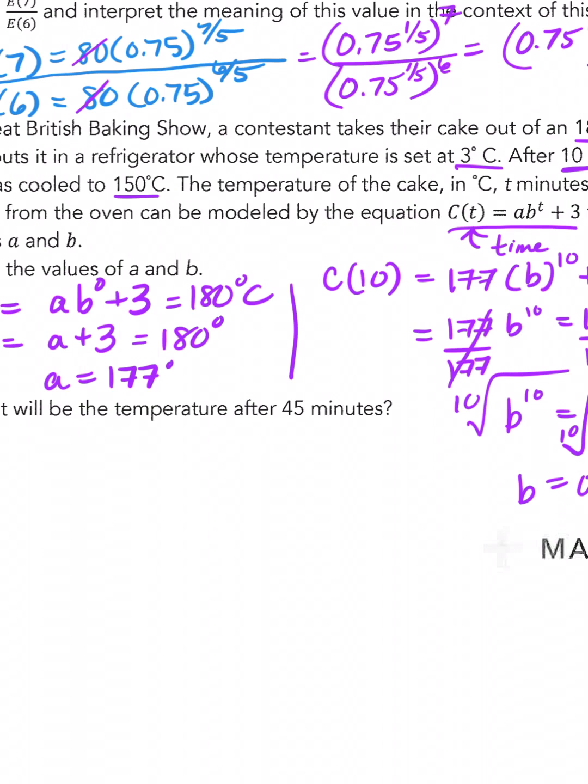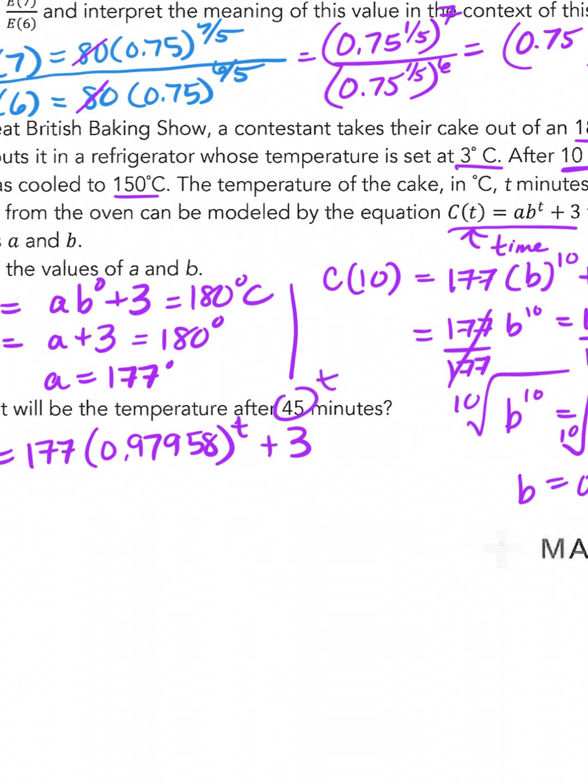Just a reminder, it's less than 1, so it is decay. In other words, it's cooling off. Of course it is. So now we can actually use this to finish our formula. Our formula says we know A was 177, we know B is 0.97958, raised to the t power plus 3. So there's our formula. Now all we have to do is plug 45 into that.